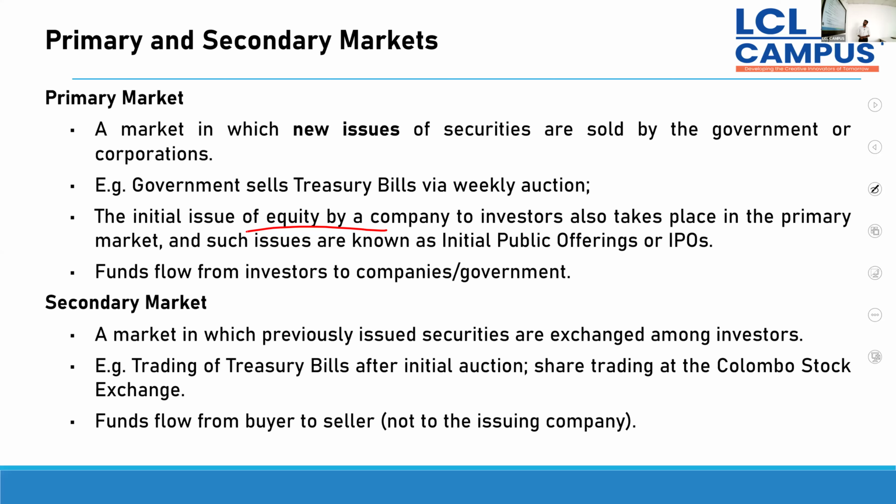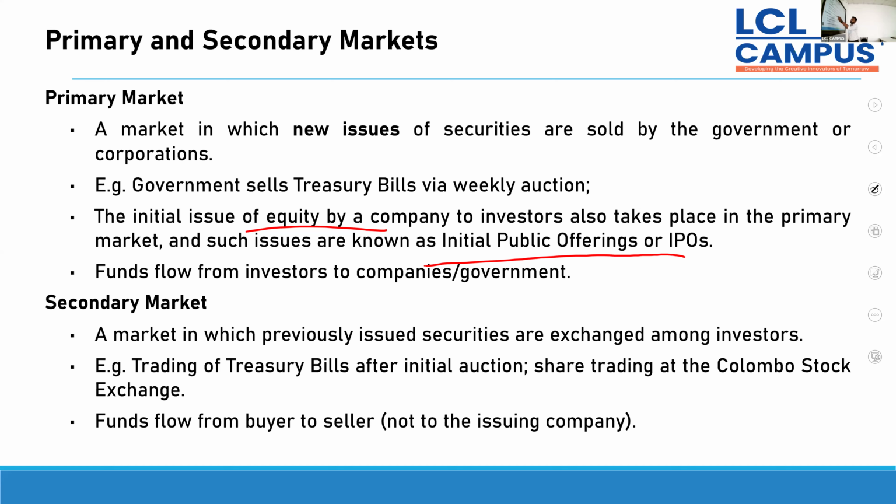To investors also takes place in the primary market, and such issues are known as what? Initial public offerings. Those new shares you issue are called initial public offerings. These initial public offerings happen in the primary market. Clear?